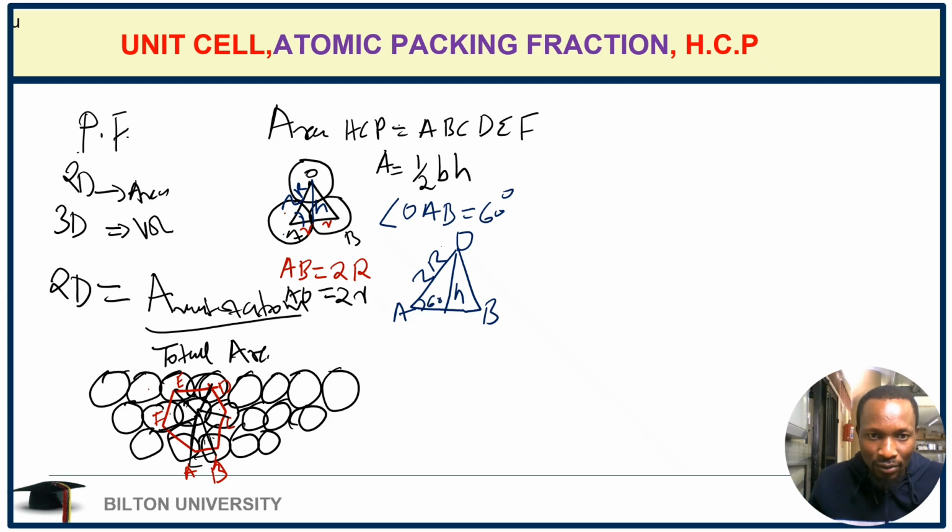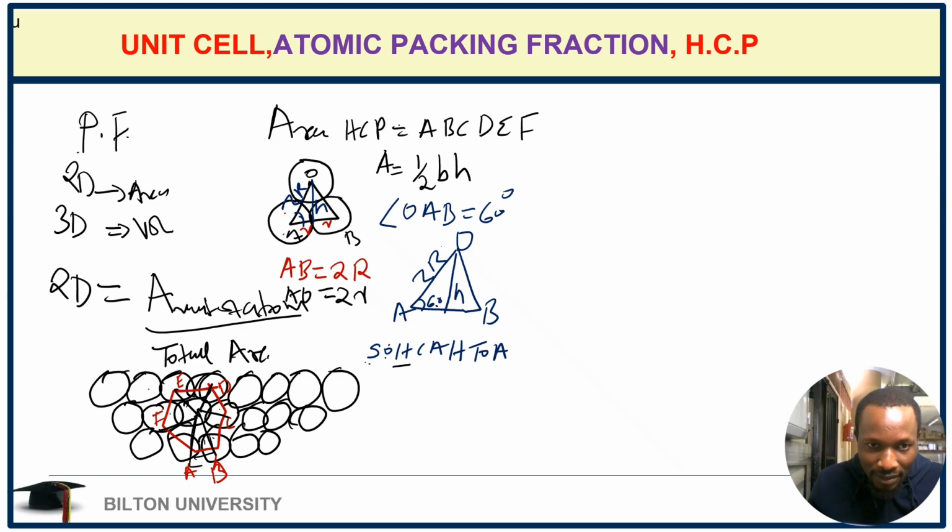I want to look for H. I have 2R. We can apply our SOHCAHTOA rule, and here I have the hypotenuse, I have theta, and I'm looking for the opposite, because H is opposite to theta, which is 60 degrees, and 2R is the hypotenuse.